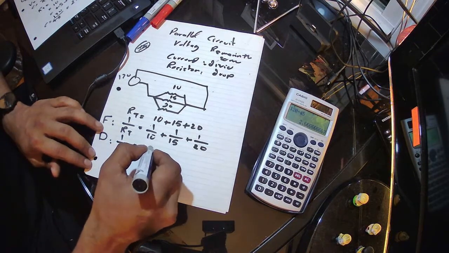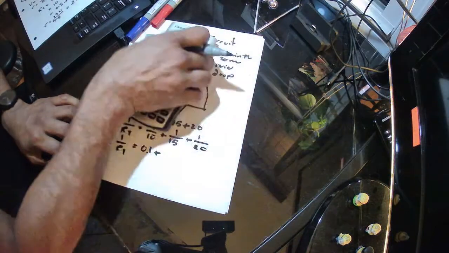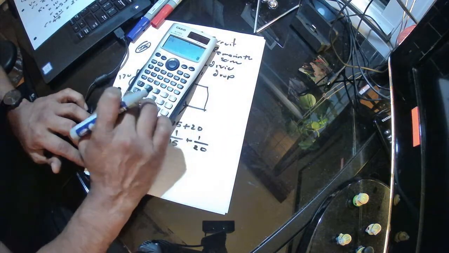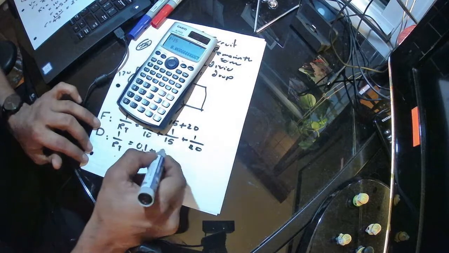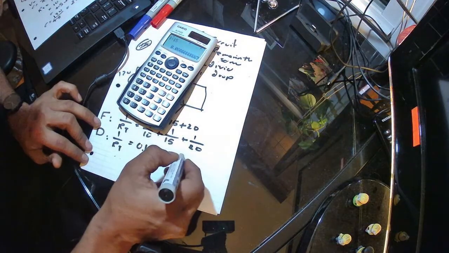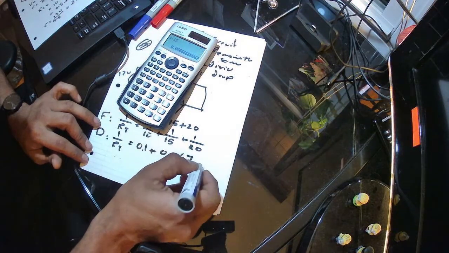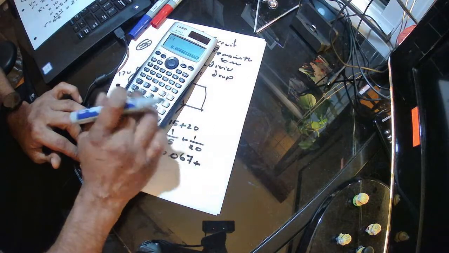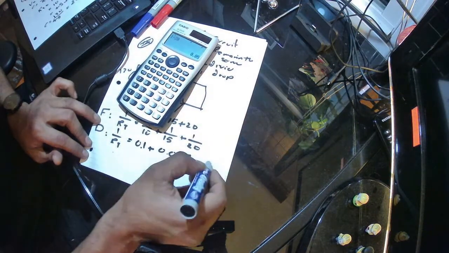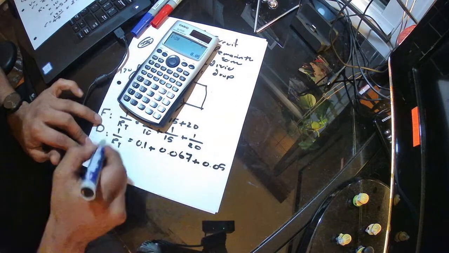1 over 10 is 0.1. 1 over 15, use the calculator so you don't get confused, is 0.067, plus 1 over 20, that's 0.05.